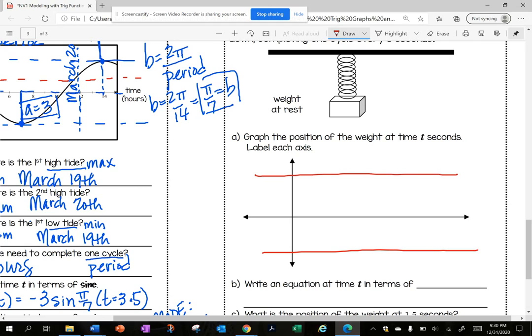I'm pulling the weight down, so I'm starting at a minimum. So I know this is what my shape looks like, because I've got periodic motion going on here. We're talking in seconds, so this is time in seconds, and this is going to be my height in centimeters.